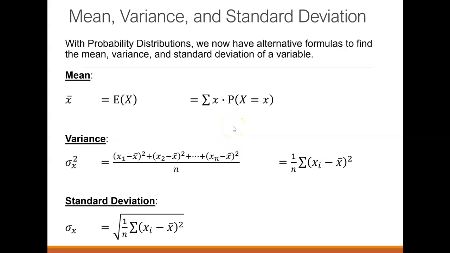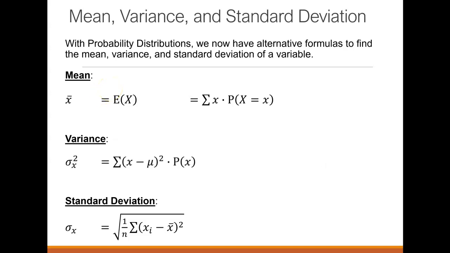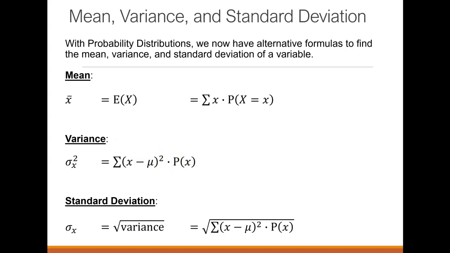Oh, there we go. Okay. I was like, what is going on? Okay, so mean is just expectation. That's what I was expecting. So if I want the mean value in a probability distribution, I'm just calculating expectation, the same way we just did. If I want the variance, that's going to be the sum of each outcome minus the mean squared times the probability for that outcome. And the standard deviation then is just still the square root of that variance.